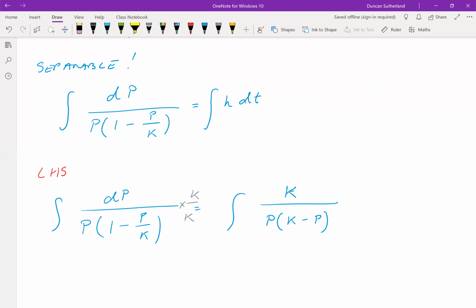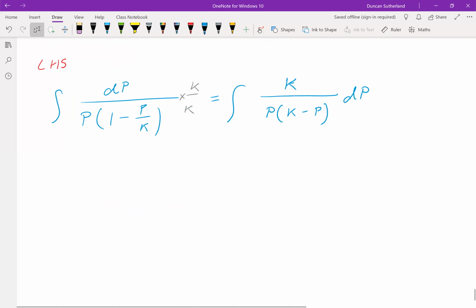So K over K equals 1. When we multiply through by this K over K, we don't actually change the equation at all, because it's just multiplication by 1. But it lets us cancel out this second fraction in the denominator, which is a bit of a nuisance. So this is the integral we now have to deal with.